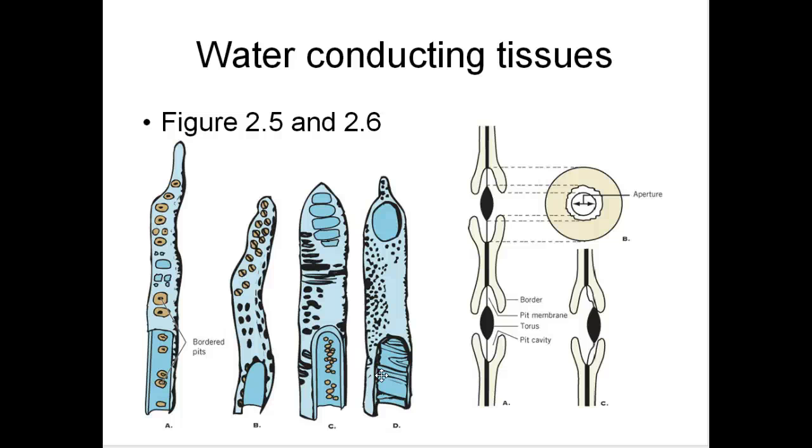And the movement is due to two components: adhesion and cohesion. Now, cohesion is what keeps the water moving as a bulk. So water is attracted to water. Then adhesion is the same.